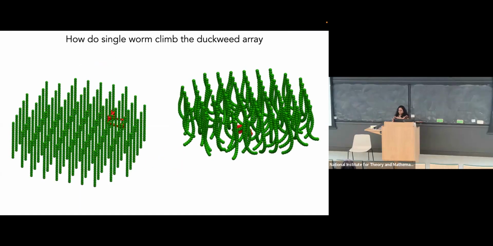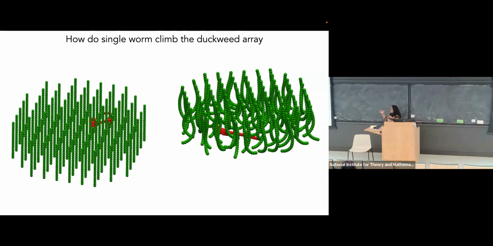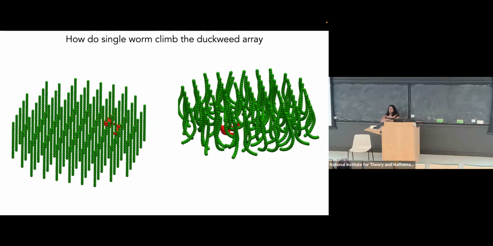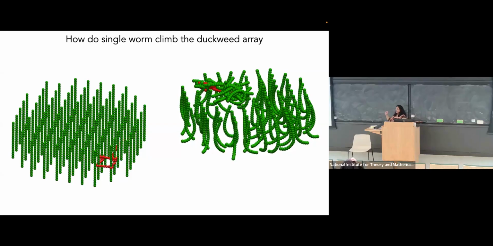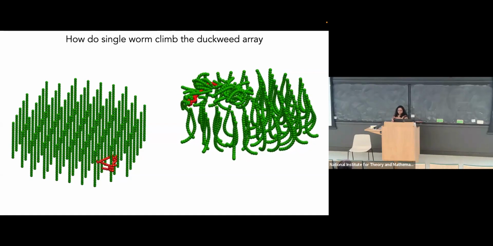That was for a single filament, and then we consider an array of duckweed, with stiff poles and duckweed which has a curved shape at the tip. We see that they can climb, and this array actually helps them. It enhances the lateral motion of the duckweed, and the worms also climb a much higher distance compared to a single duckweed.